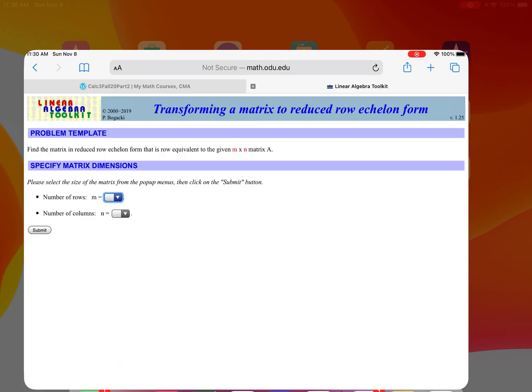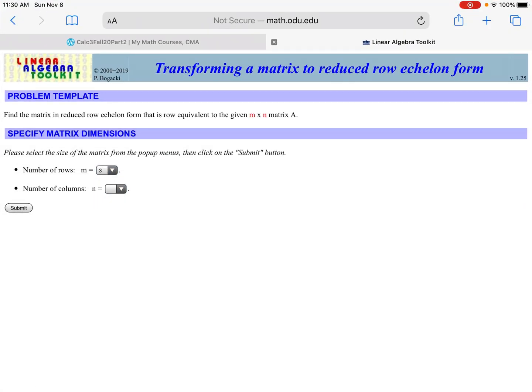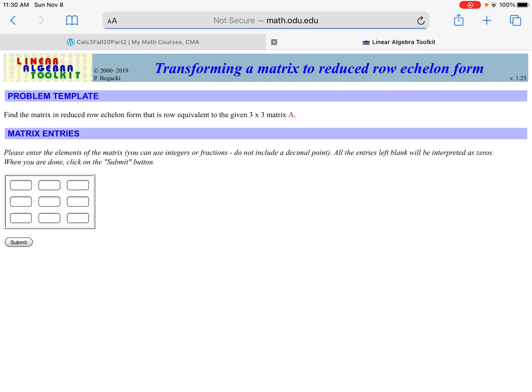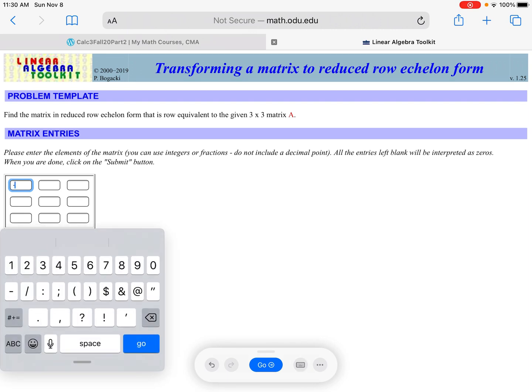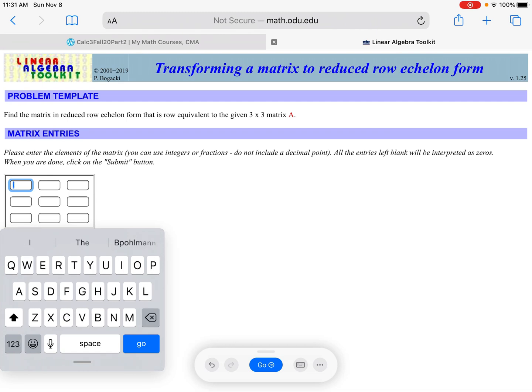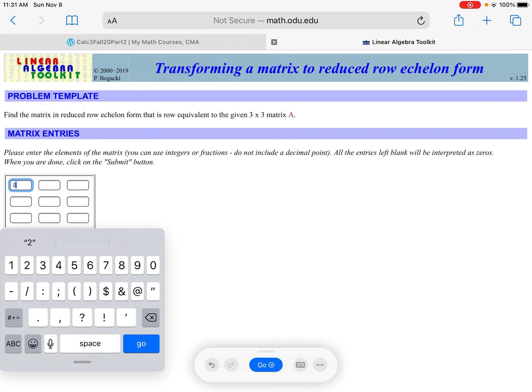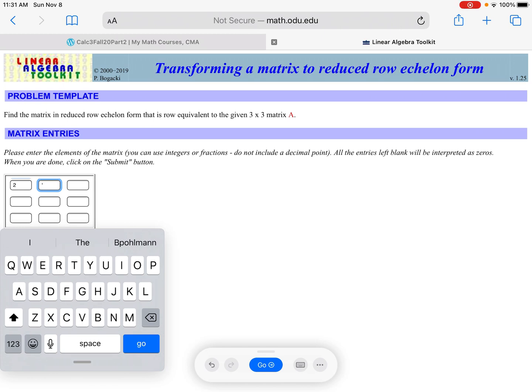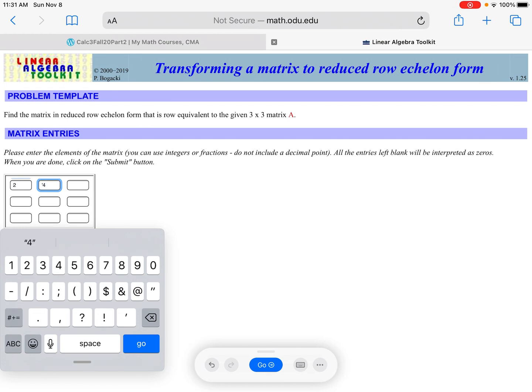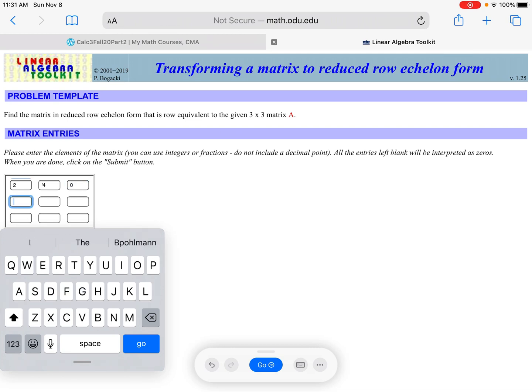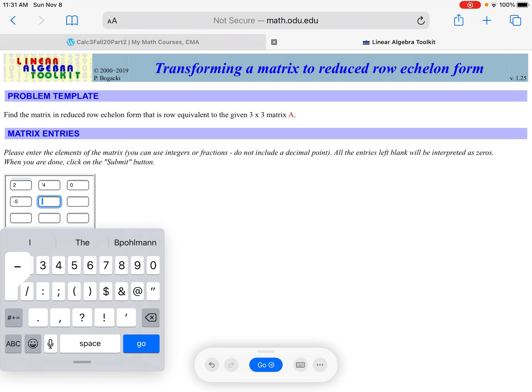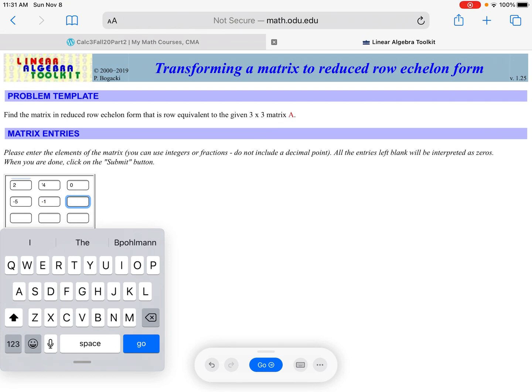So let's see here. This is a 3 by 3. Numbers here: 2, not minus 2, 2, 4, 0, minus 5, minus 1, 0.